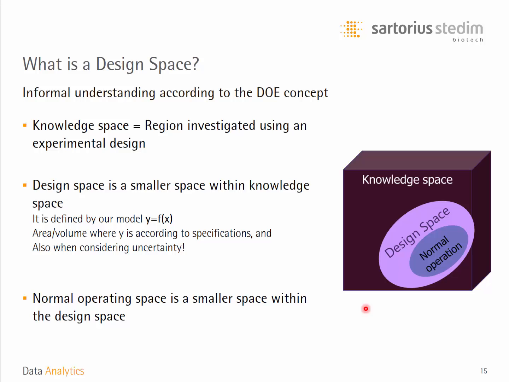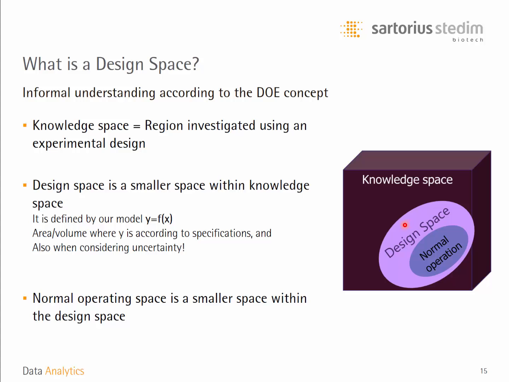So first of all, there is a term floating around known as the knowledge space. In our interpretation, you can say the knowledge space is the region in which you've done DOE, where you've done experiments planned according to an experimental plan. Then usually there is also something referred to as the design space.